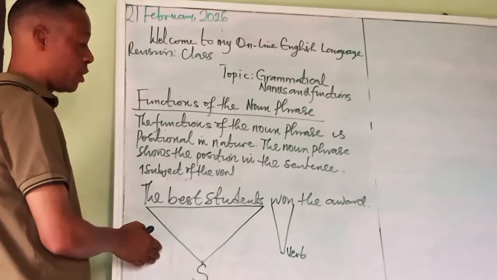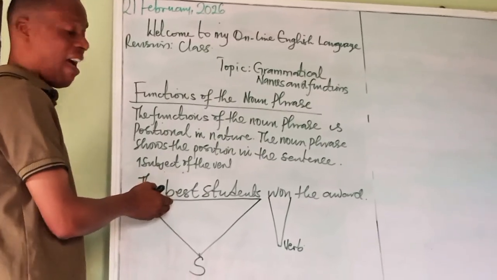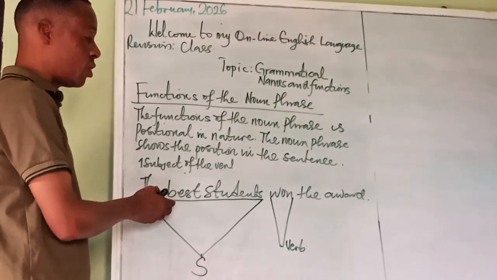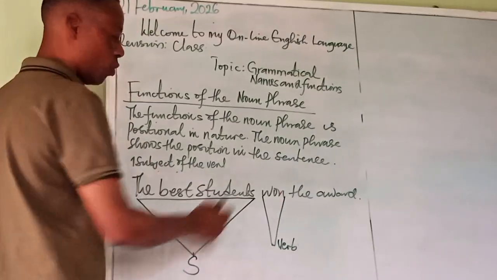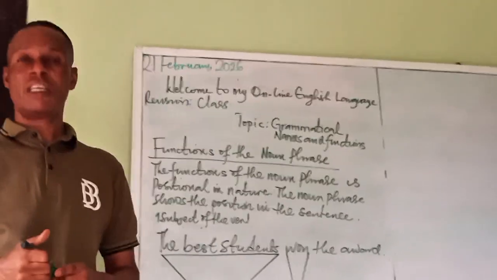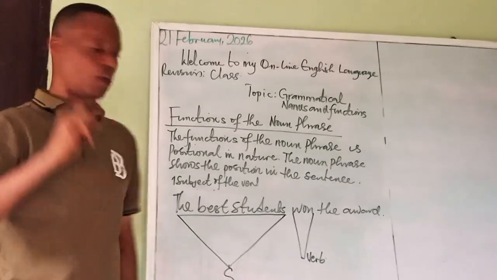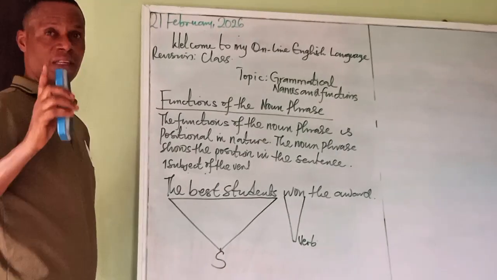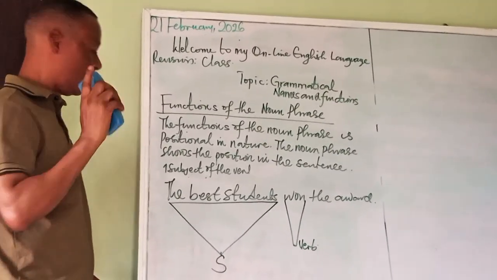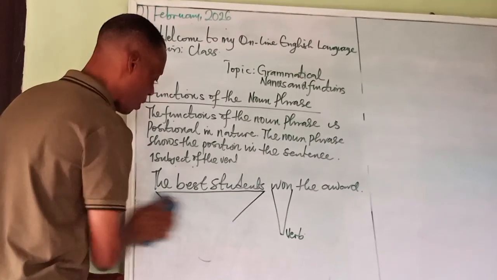So, in this expression, this is a noun phrase and it is the subject of the verb won. So, when you want to answer that kind of question in WAEC, for instance, this is the way you do it. The moment you have identified the type of phrase you are dealing with, what you do is this.